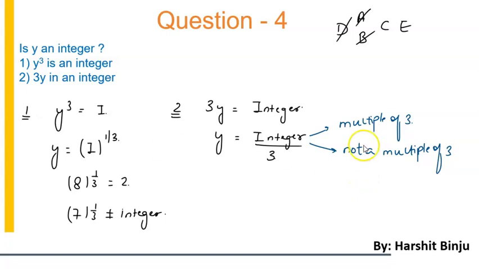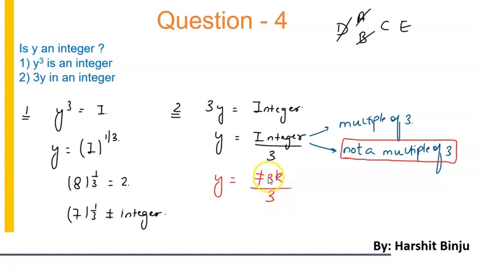Let's say you take this case that when you say 3y is an integer, you go with the case that this integer is not a multiple of 3. So y will become something not in the form of 3k divided by 3. Right?